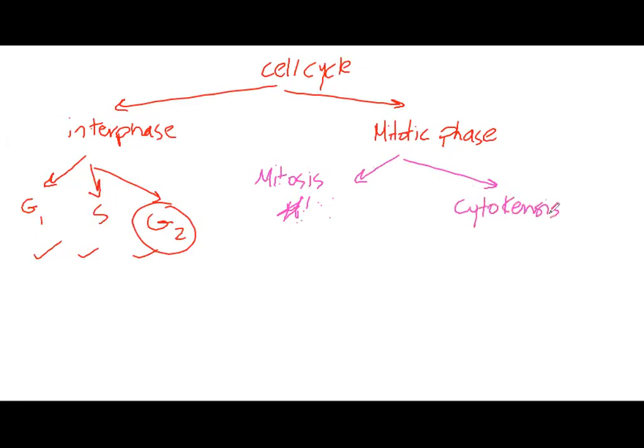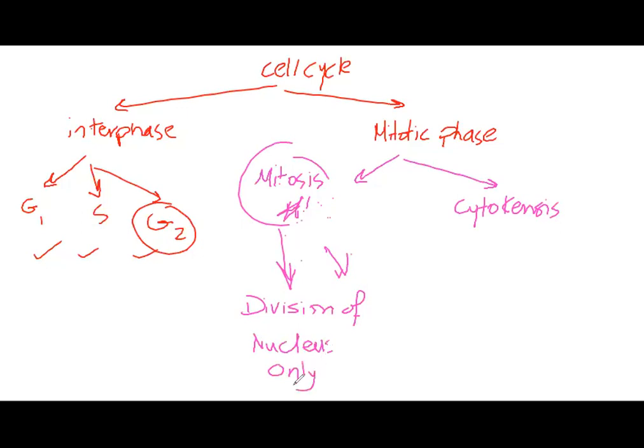Okay. So what is the difference between them? Actually, mitosis means the division of the nucleus only. So mitosis is a kind of division in which the nucleus of the cell will divide.